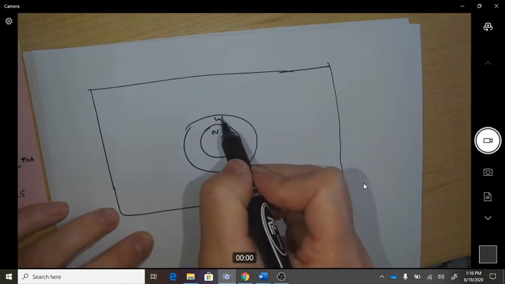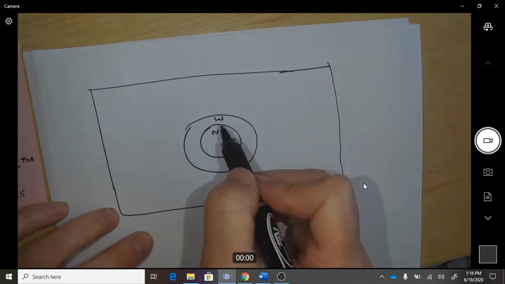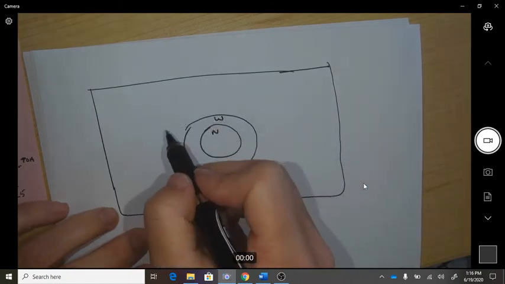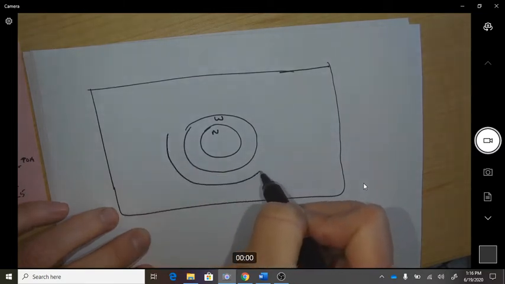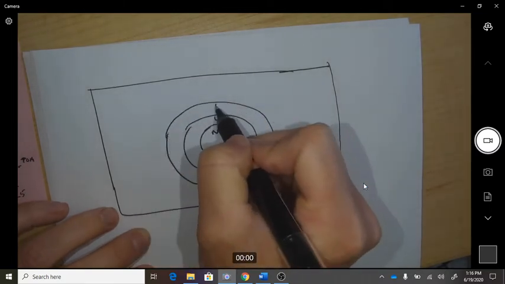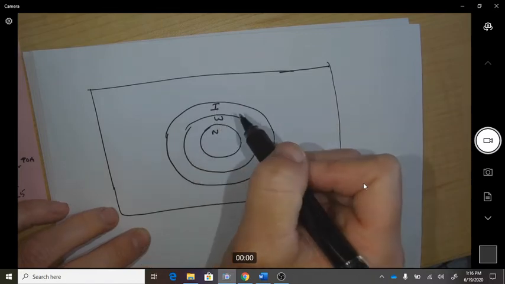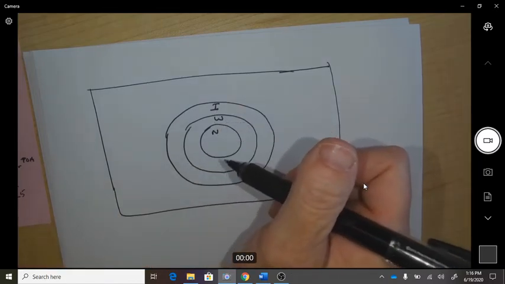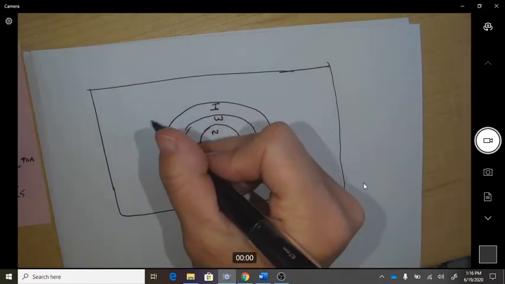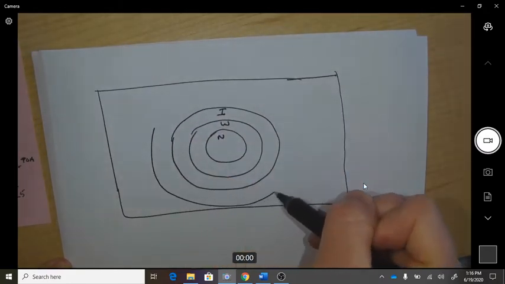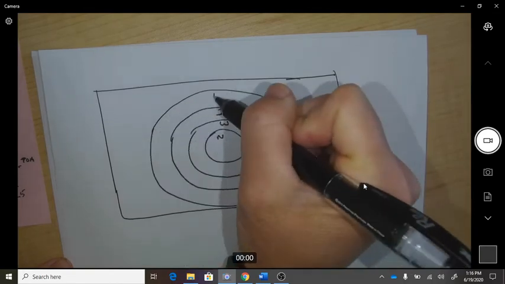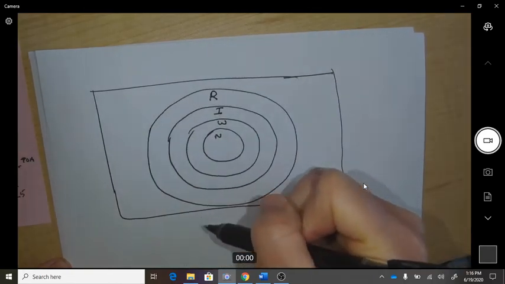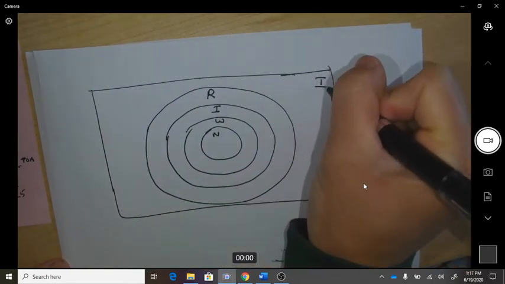So if you are a whole number, or if you're a natural number, you're therefore also a whole number. And then integers. So if you're an integer, you are also a whole number or a natural number. And then we have rational. And if you don't belong in that bubble at all, then you are irrational.